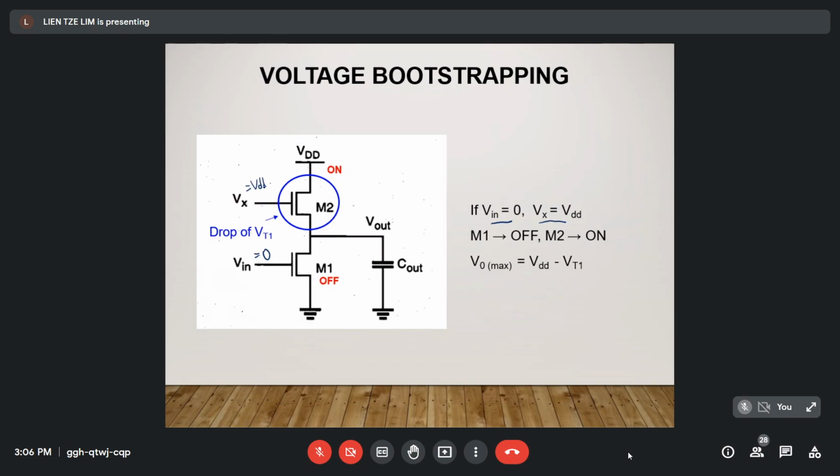When the input to M2 is VDD, the transistor will be on, and when the input voltage is 0, meaning it is low, this transistor will be off. And the output will be equal to VDD minus VT. This is the threshold voltage drop.